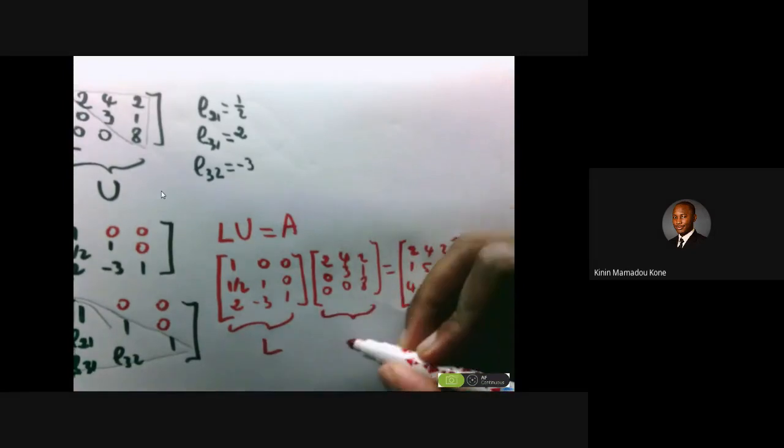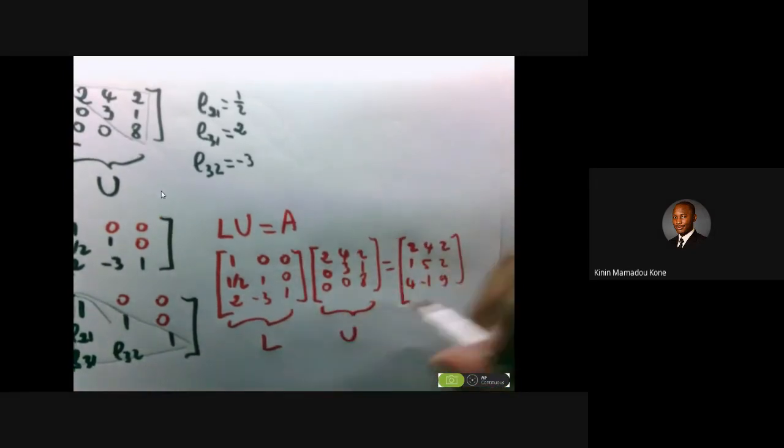So this is my L matrix, lower triangular. This is my upper triangular matrix. The product is going to be A.